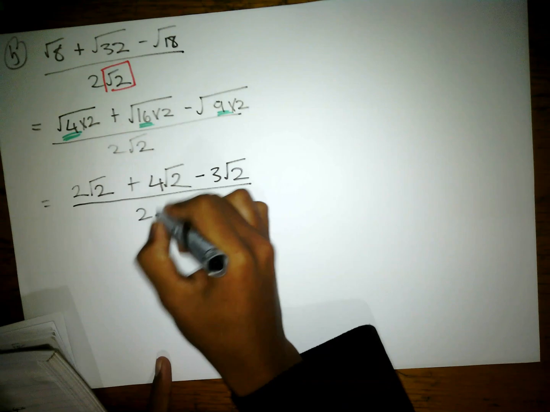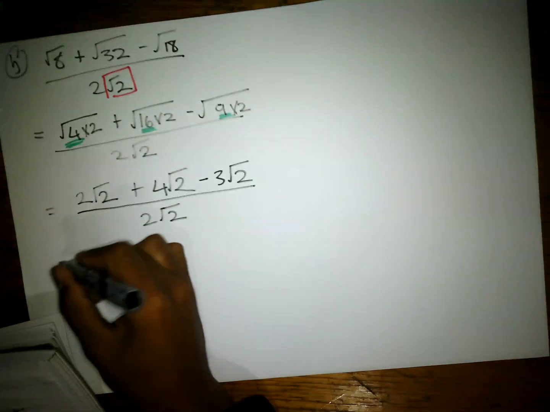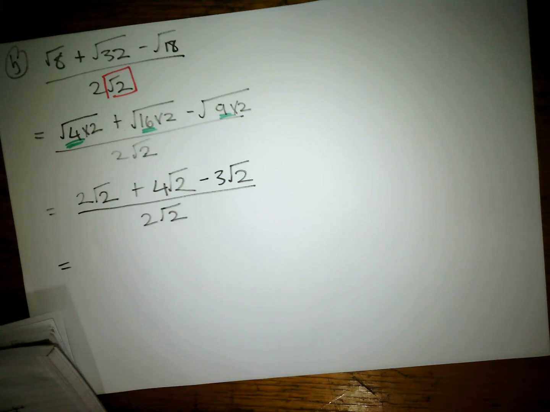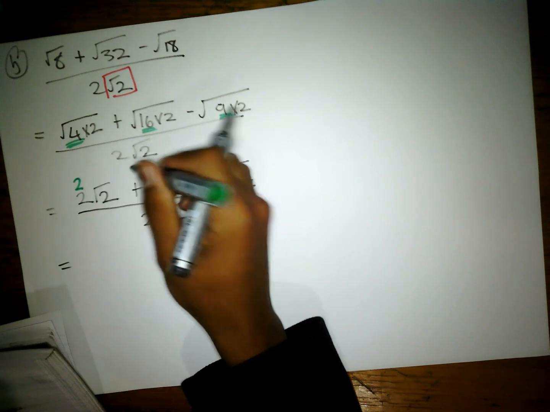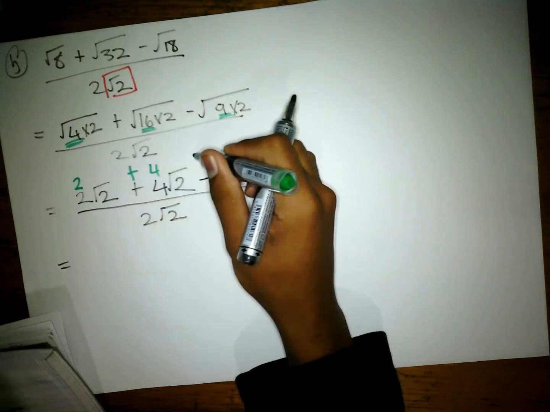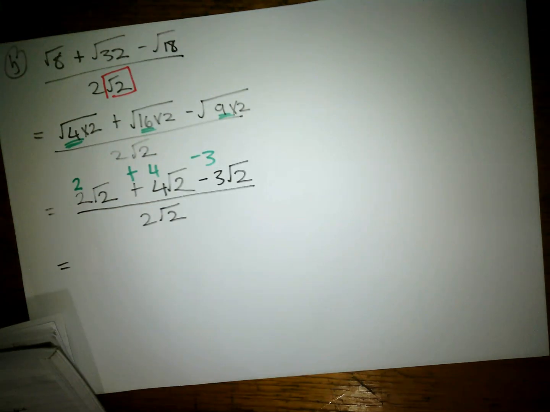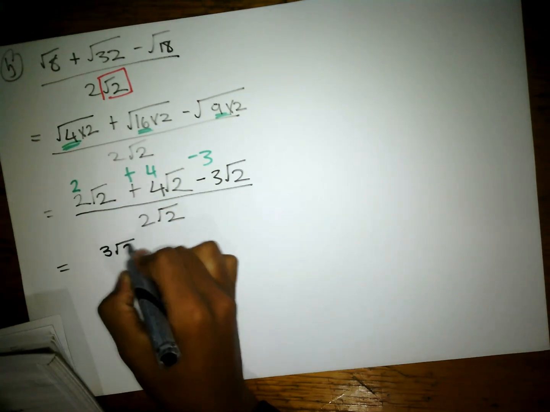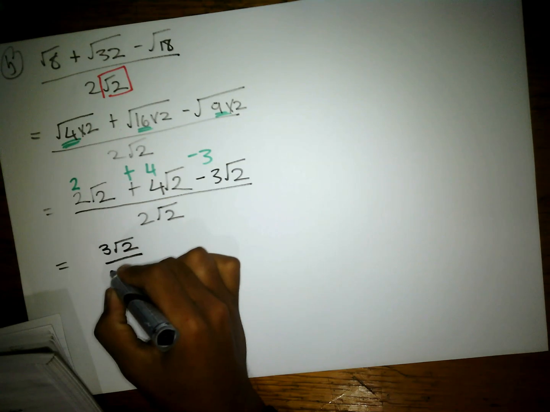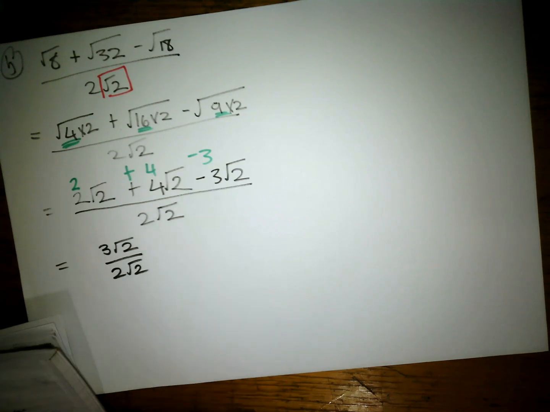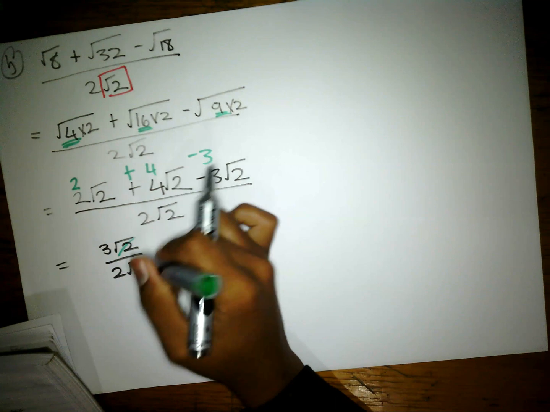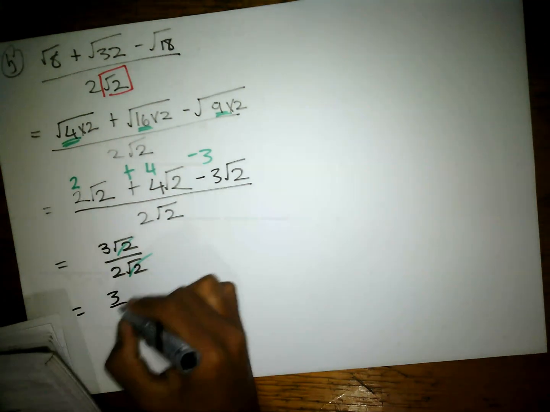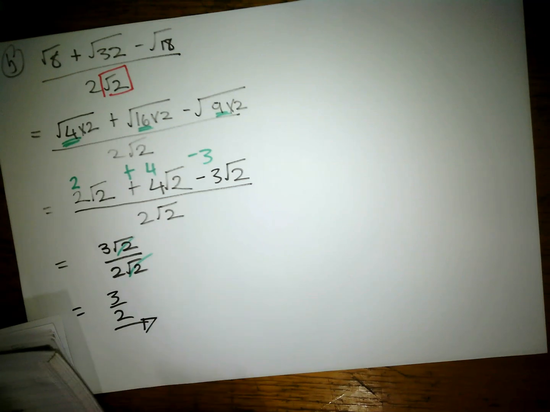And we have here our 2 still. So how we deal with this now is we're going to say this 2 plus this 4 minus this 3. And this is 6 minus 3 is 3, and left with a 2 over 2, like that. Then this will cancel with that one. Left with 3 over 2. Our final answer.